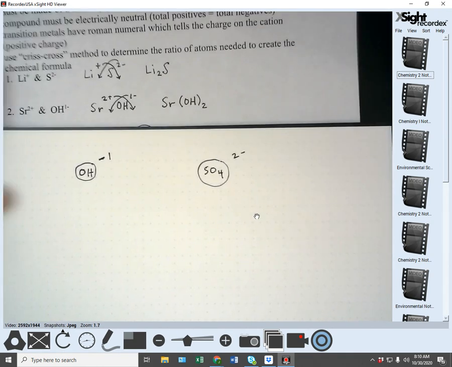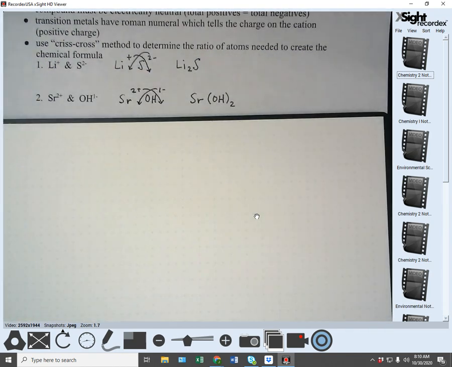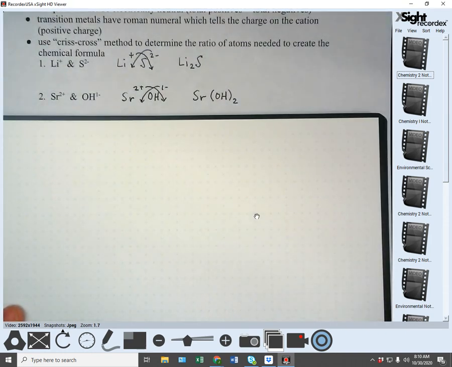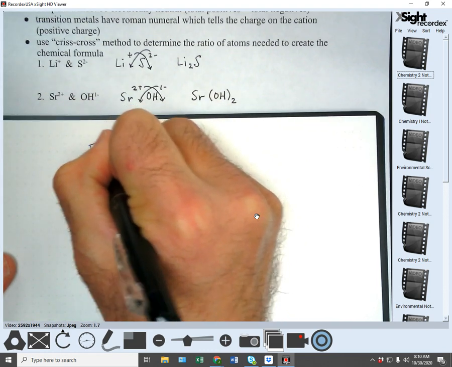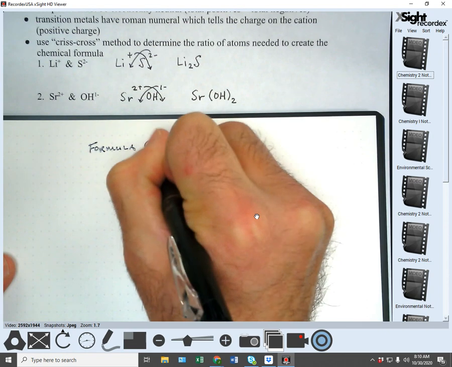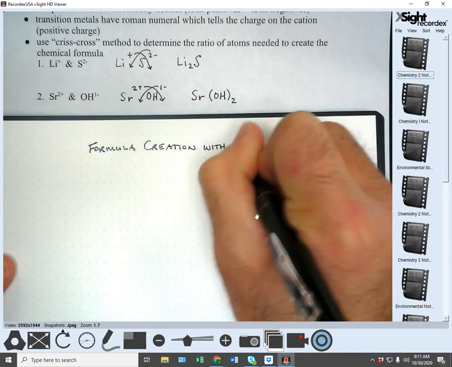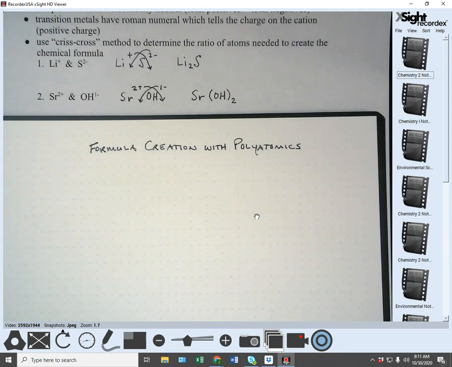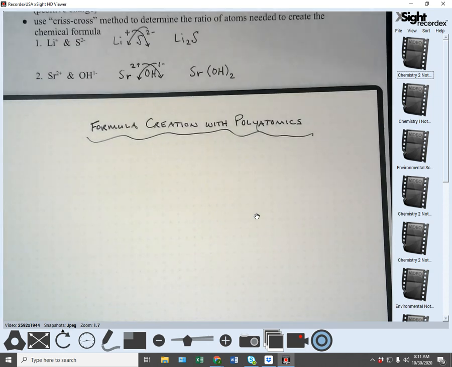Let me diagram out the concept on here for you as well. Formula creation with polyatomics. Let me zoom out just a little bit so we can see.